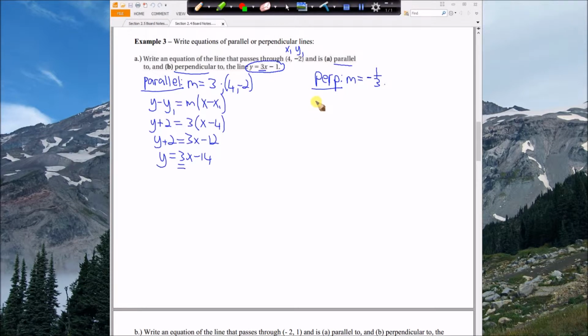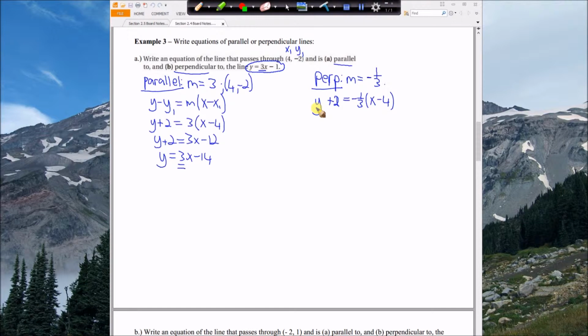Okay, so substitute into the point slope formula. I'm going to do that a little bit faster. So now we have y minus 1, okay, I'm sorry, y plus 2, just like we had here, equals, only thing that changes is now the slope is negative 1/3 times x minus 4, okay, x minus 4.